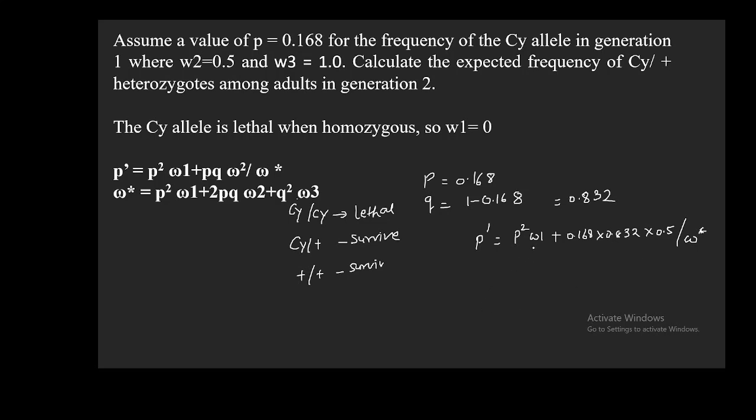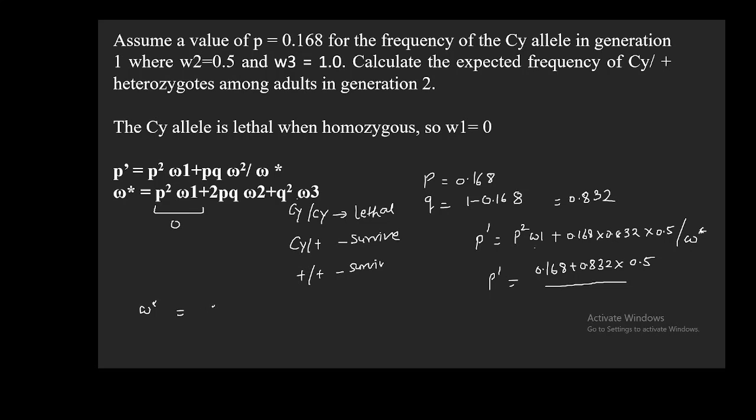Here you can see omega 1 value is 0, so this term is 0, and we get p prime equal to 0.168 plus 0.832 into 0.5, over omega asterisk. How will you get the omega asterisk value? Again, omega 1 is 0, so this term is going to be 0.